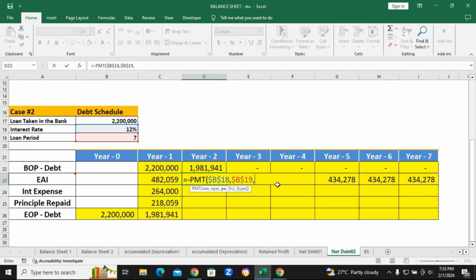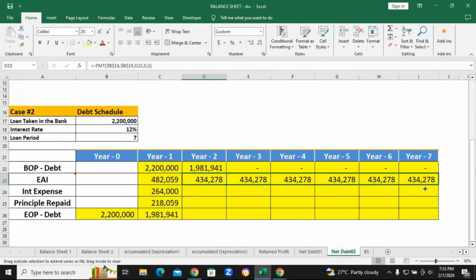Present value, I'll take this value, F4, comma, 0, comma, 0. Then come and drag.